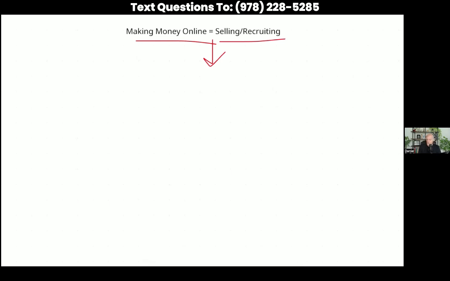And a lot of people think, when they're looking to get started, and I see this all throughout the industry, whether someone's selling a course or whatever the product or service may be, people always ask, what am I selling? Now, the term selling goes back to the days of the mid 80s, when it was Amway, when you were hosting home parties and trying to get people to buy protein shakes and supplements and sign up for cable programs or multi-level marketing companies, trying to sell people on the product or service.